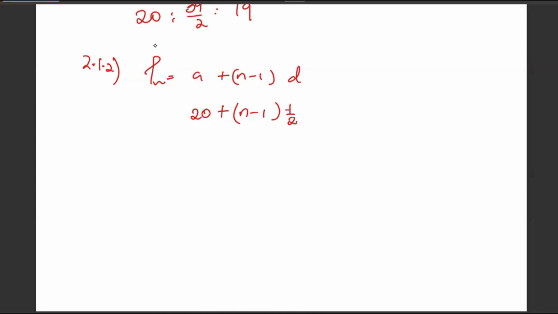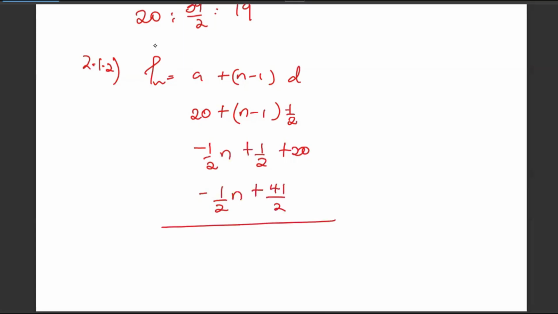Let's open it up. So it's going to be negative a half of n plus a half, and then plus 20. So negative a half of n. When you do your magic, we shall be left with 41 over 2. We could write it like that, or you could leave it in decimals.